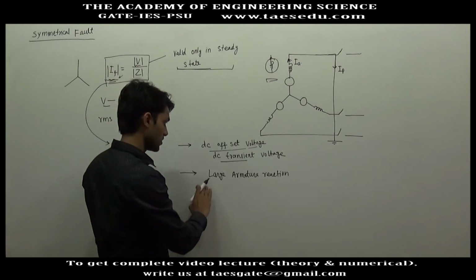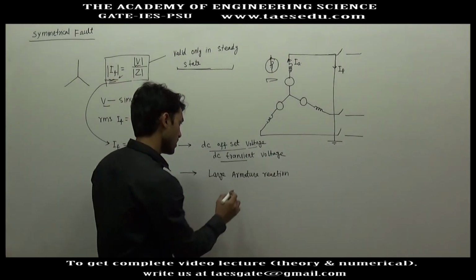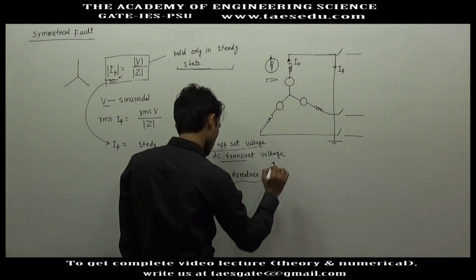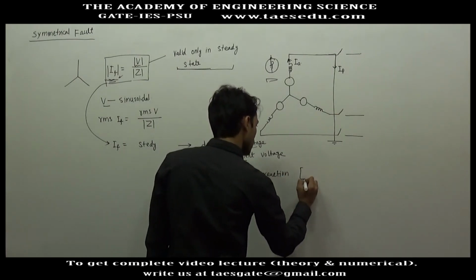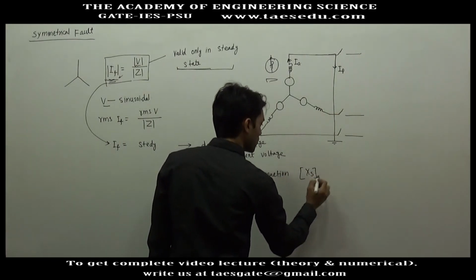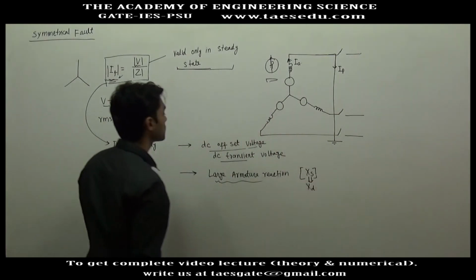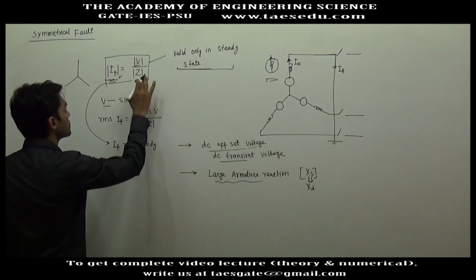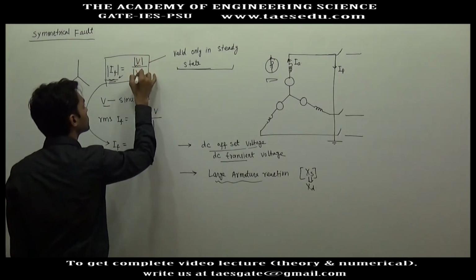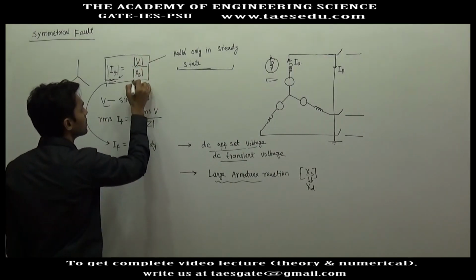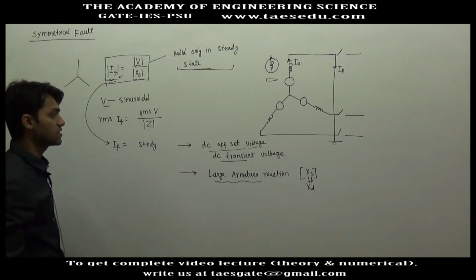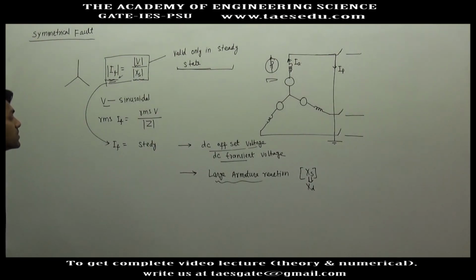Due to this factor, what will happen? The overall synchronous reactance, which in a cylindrical rotor machine is the direct axis reactance, what we are using here, XS, will be changed in the transient period.